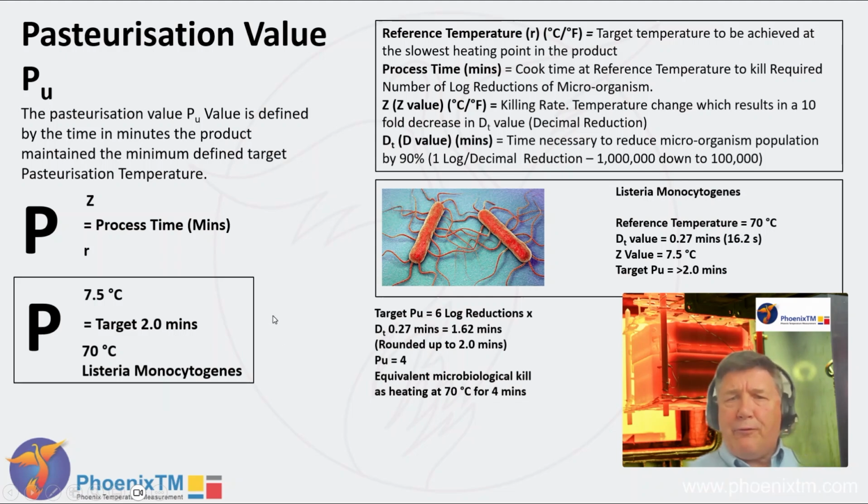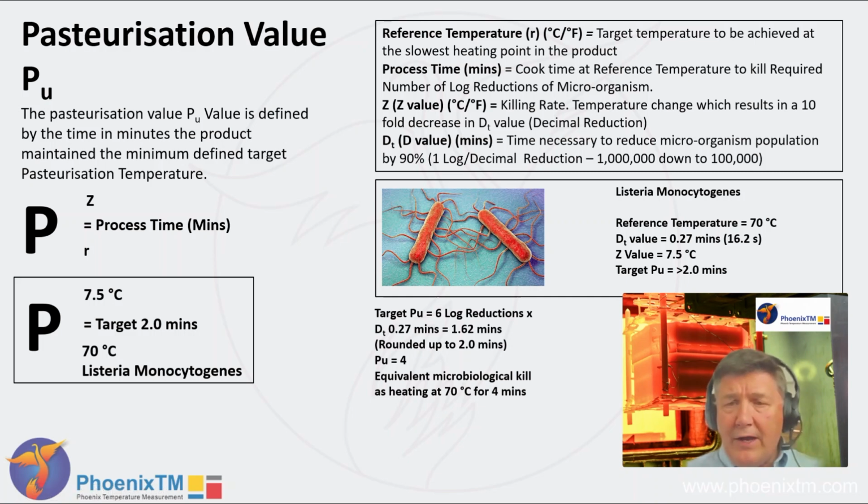In order to perform the calculation in our temperature profile, there are a number of parameters that we need to have in place. On this slide, at the top, we have our reference temperature. This is the target core temperature we need for our cook.